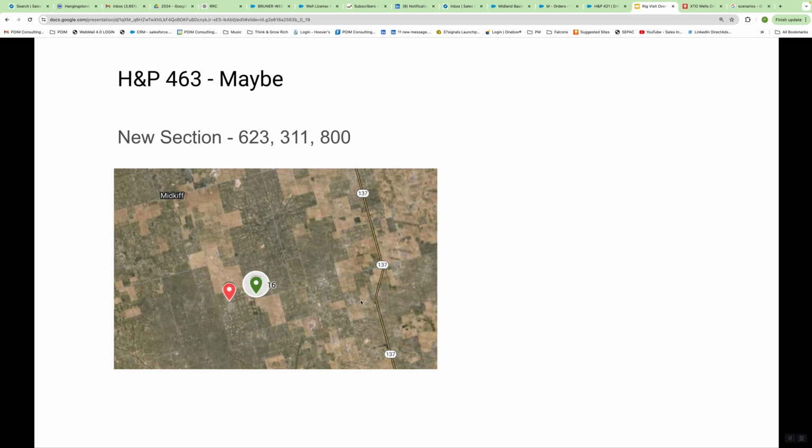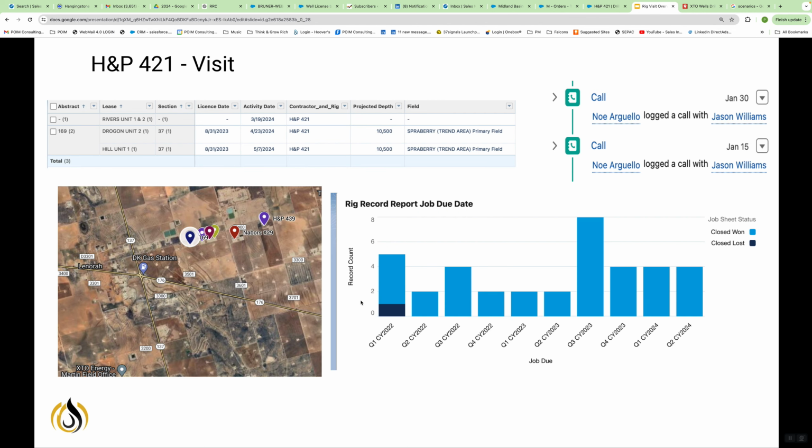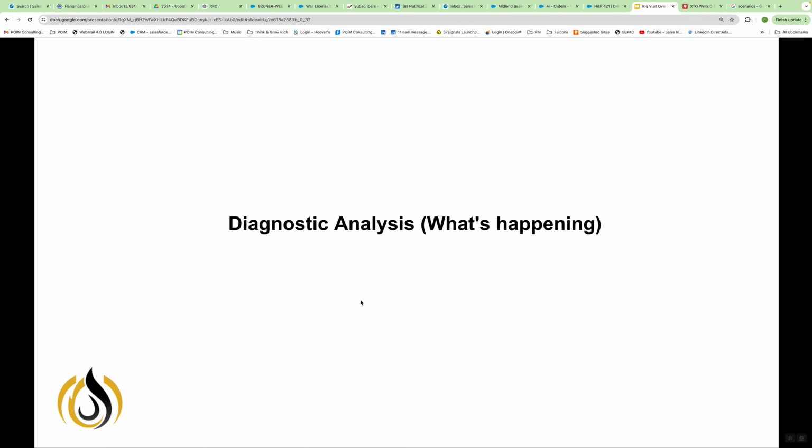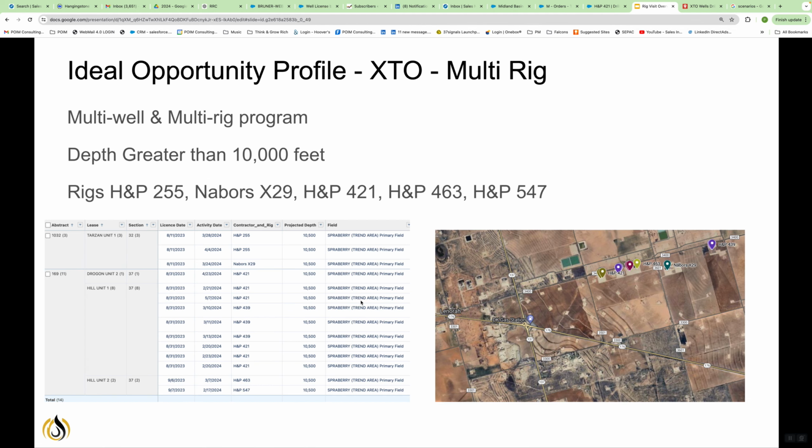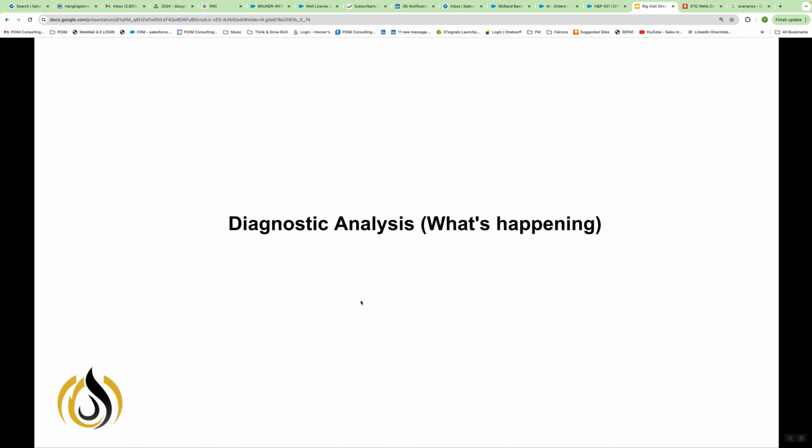So just to sum it up for you, and I didn't put a summary slide up, we've got some good activity, a good reference point. Get a cluster of pads, a cluster of wells, a cluster of multiple rigs drilling at a relatively deep depth. We should be able to get the torque ring service in there.